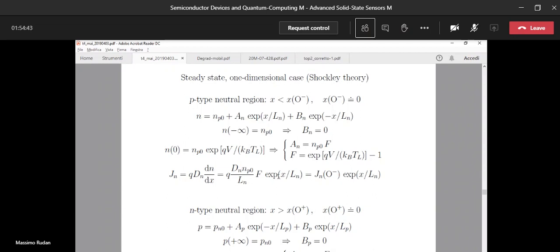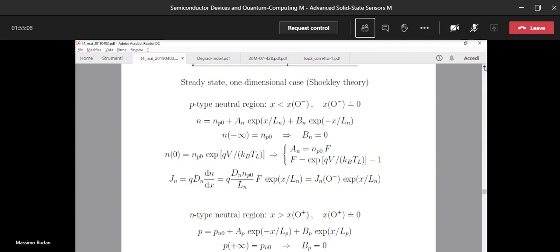But if you put x equal to 0, what is left is this. So all these coefficients here, q, Dn, np0 over Ln times F is Jn of O minus. Okay? You remember where we need it?